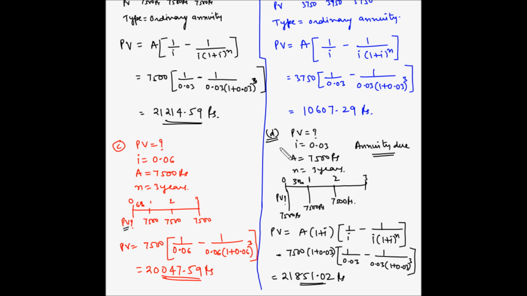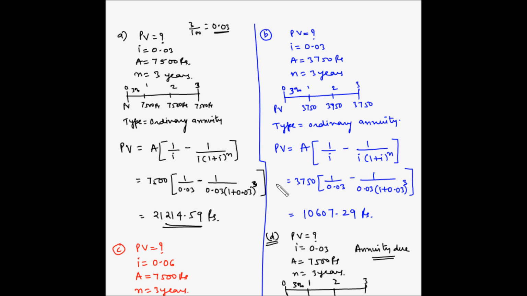Now in part D, we were withdrawing the money at the beginning of the next 3 years. So the present value needed is higher, which is 21,851 as compared to the present value needed for part A, which was 21,214. So this is how you can find out the present value of an annuity.